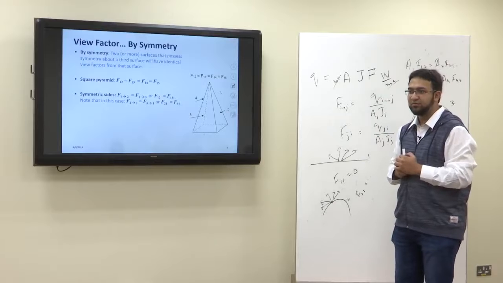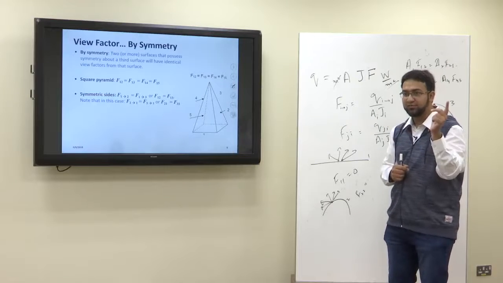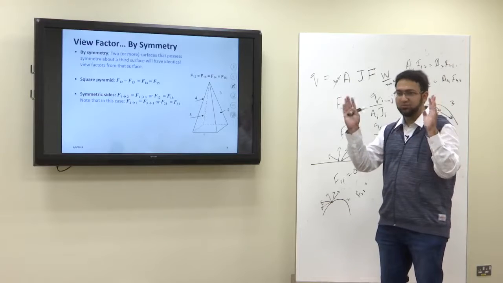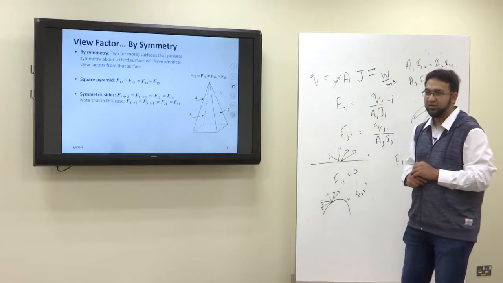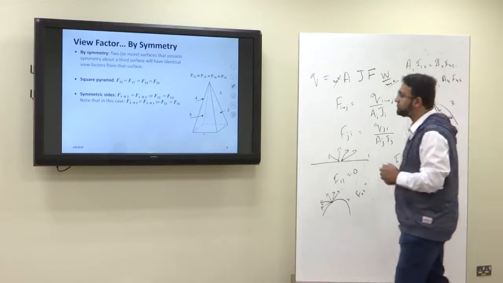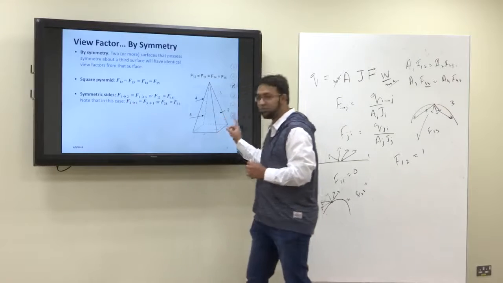So the view factor from 1 to 2 or 1 to 3 or 1 to 4 or 1 to 5 will be between 0 and 1, but they all will be the same. Since these are all symmetric sides.